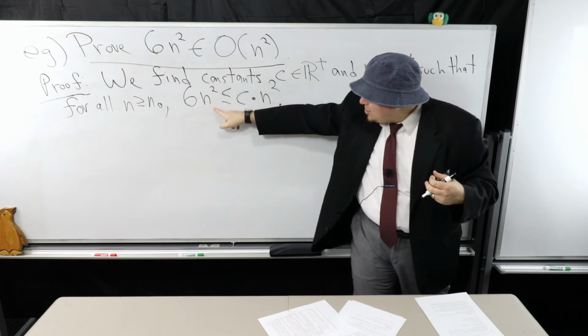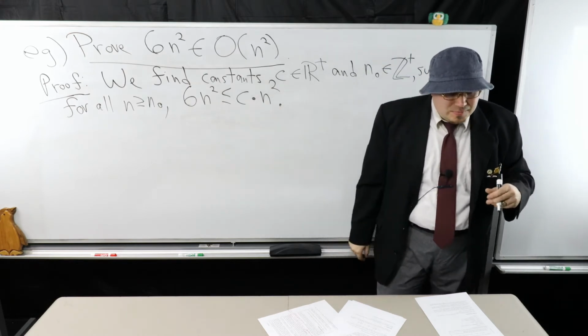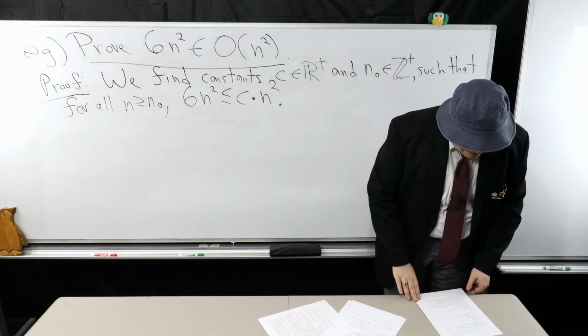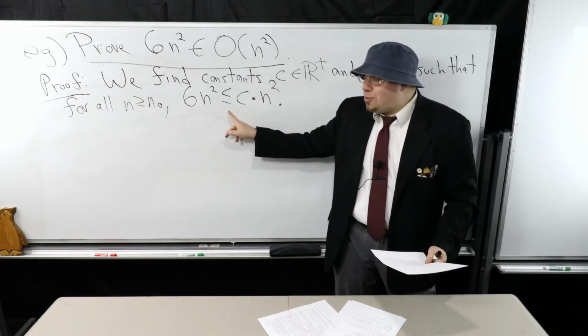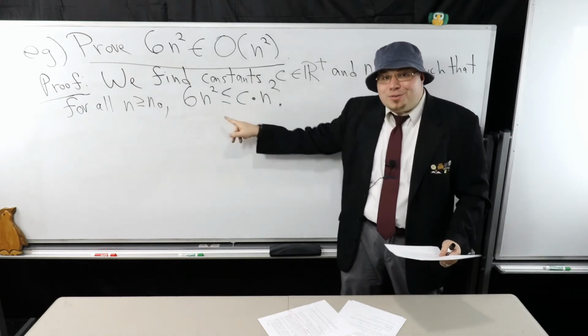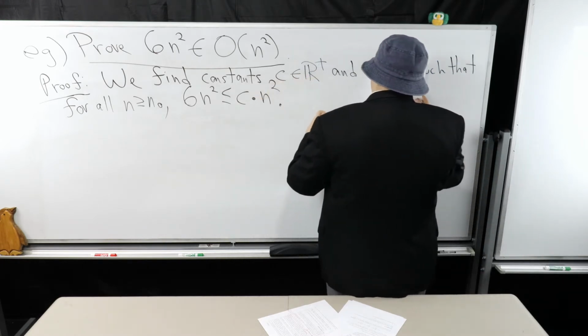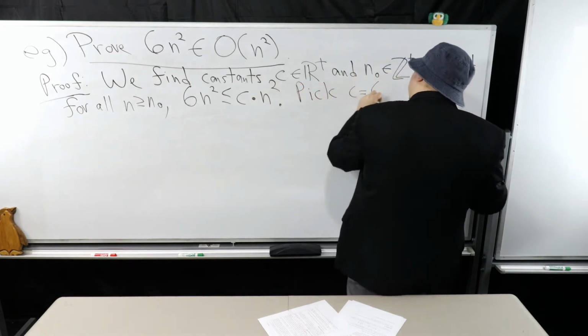Look at this. 6n squared, then it's a cn squared. What should I pick as c? What c would I pick? Think about it. Remember, this is an inequality. So it's okay if they're equal to one another, right? So maybe what I should do is pick c equal to 6.